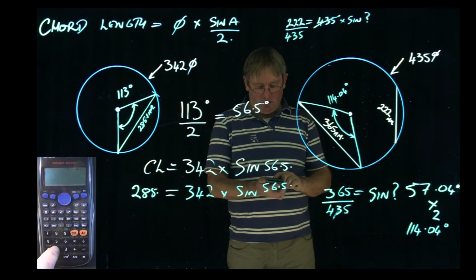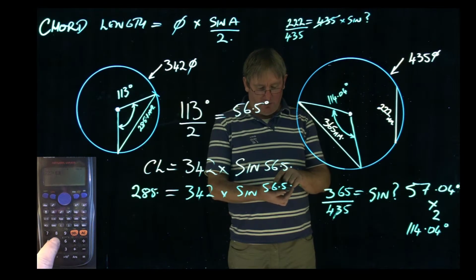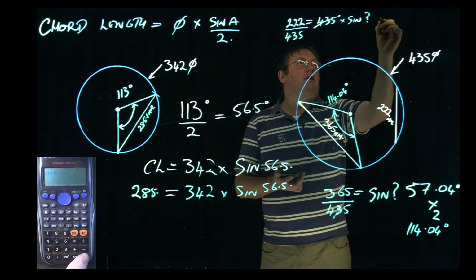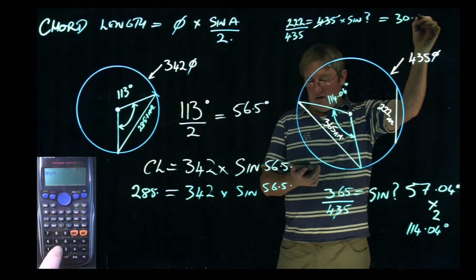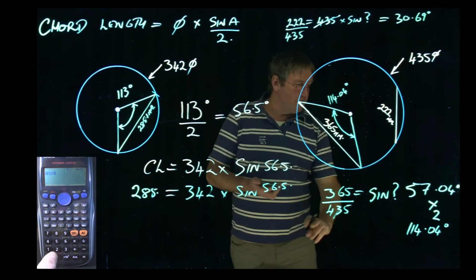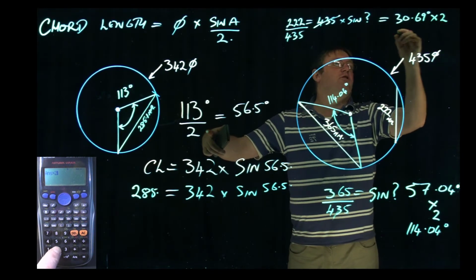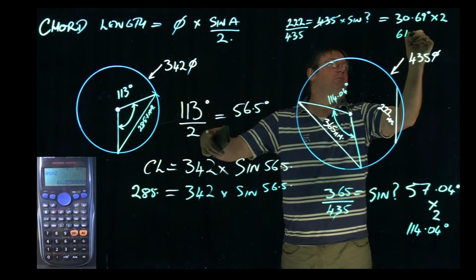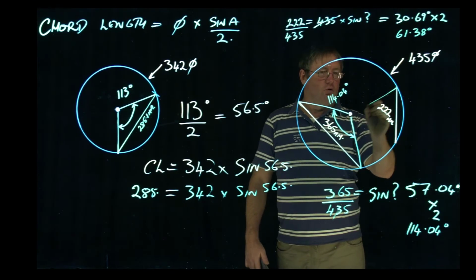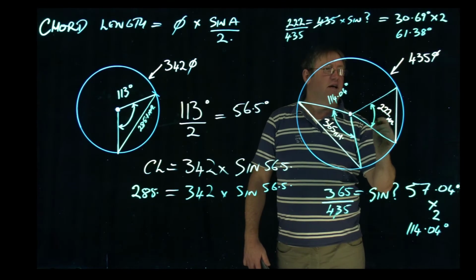So doing that on my calculator, 222 divided by 435 equals, and then I push shift sine because it's the inverse, and at that point I get 30.69 degrees, and from there I have to times it by 2 to get back to my original angle. So times 2 is going to give me 61.38 degrees.